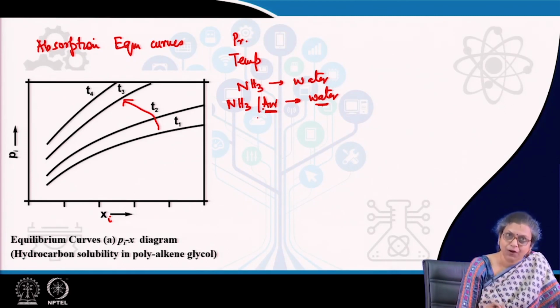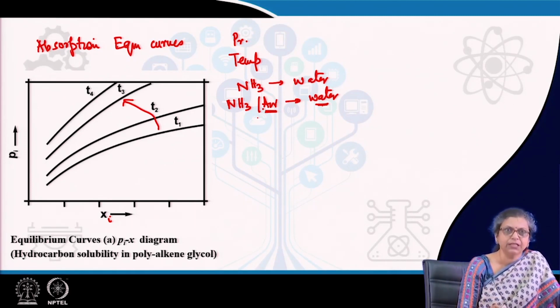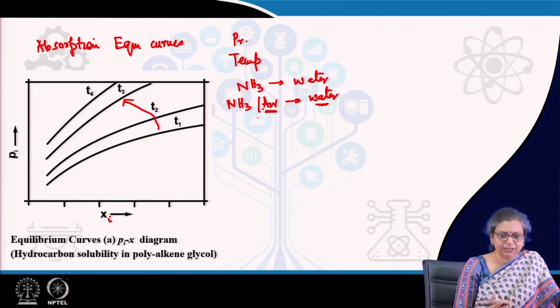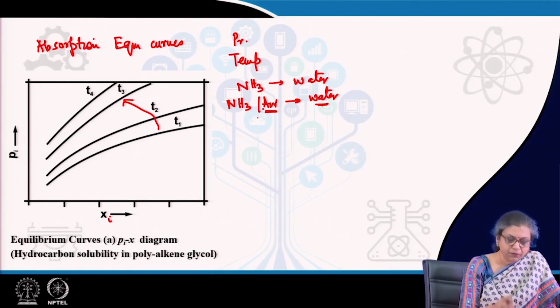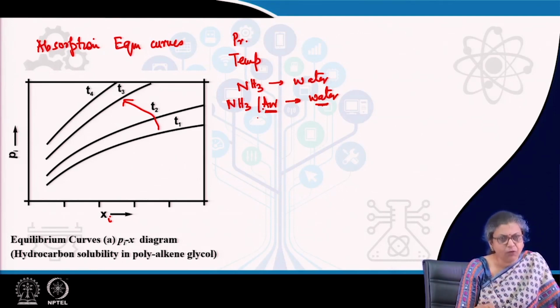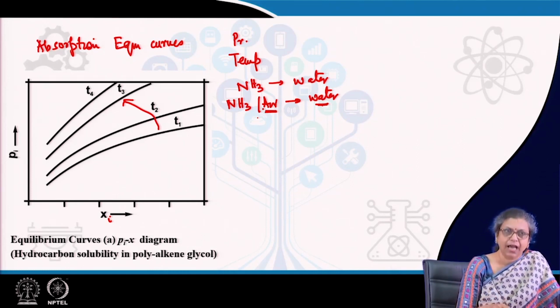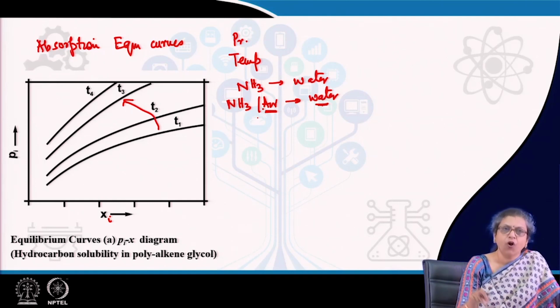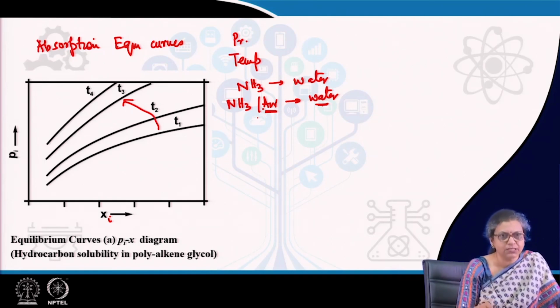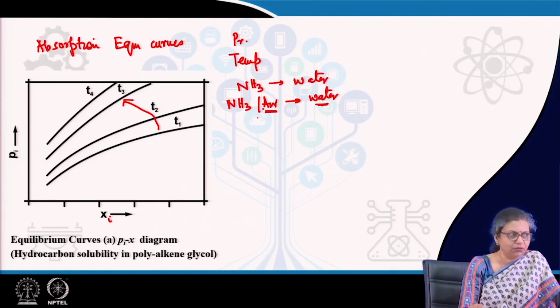If they do not form ideal solution with the solvent, then definitely you know that the Henry's law constant changes, and under that condition we cannot use this Pi versus Xi curve. But we can use this Pi versus Xi curve for any component I if the other components along with I form either ideal solutions with the solvent or are almost insoluble in that particular solvent.